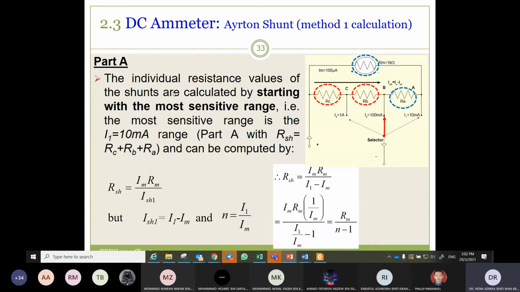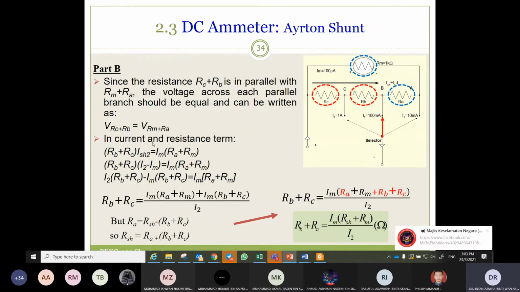Usually in the previous semester I explained this derivation, but I think there is no need to explain it to you. If you are interested, you can go through it by yourself. R shunt is equal to this, and then substitute again, substitute again to find the values.